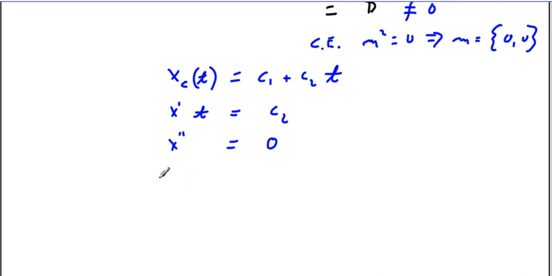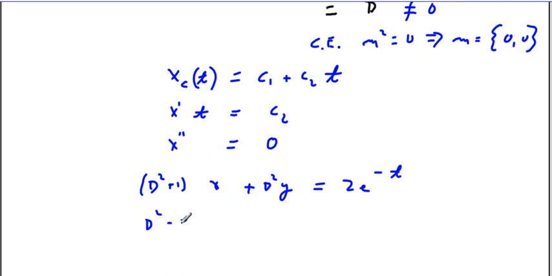We're going to go with D squared plus 1 x plus D squared y is equal to 2e to the minus t, and D squared minus 1 x plus D squared y is equal to 0.